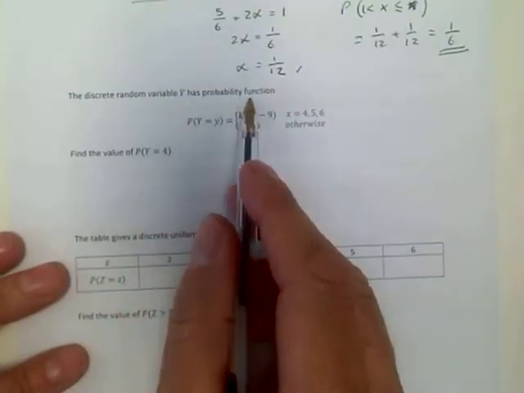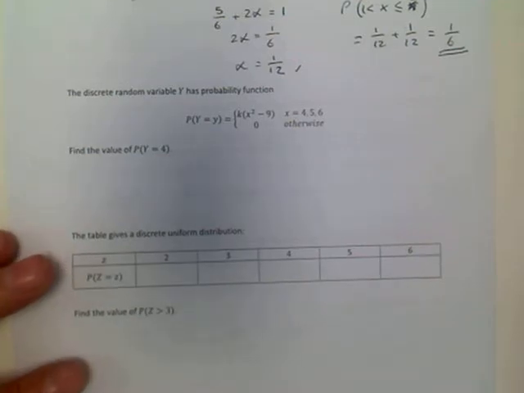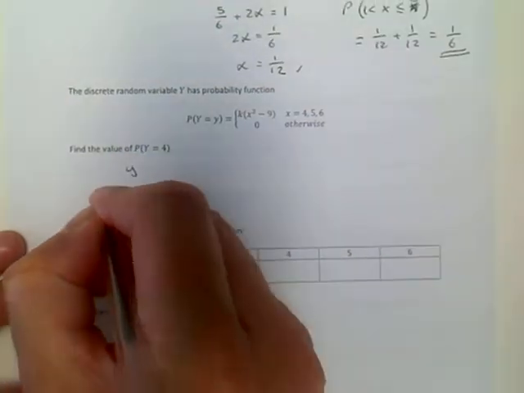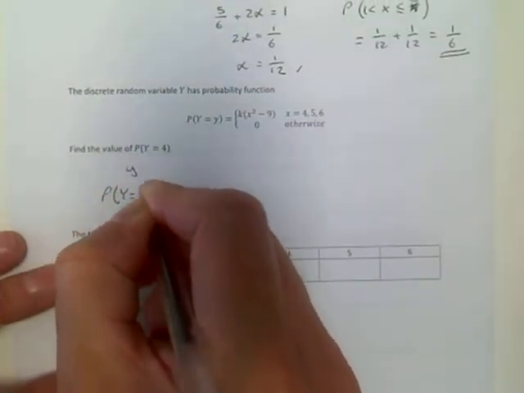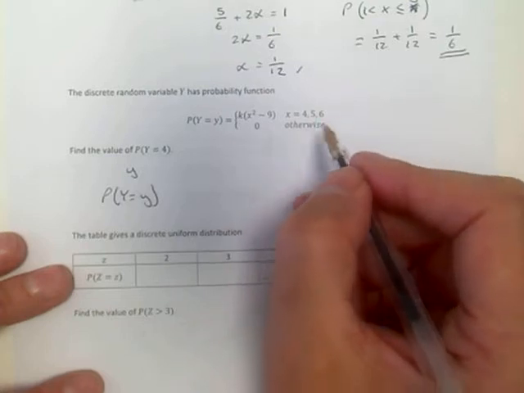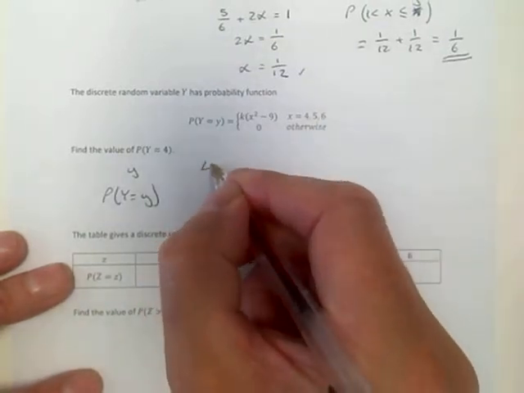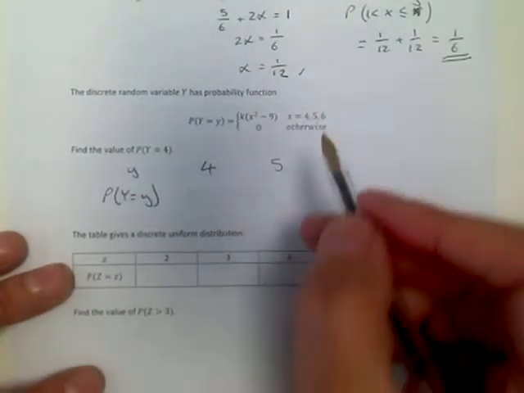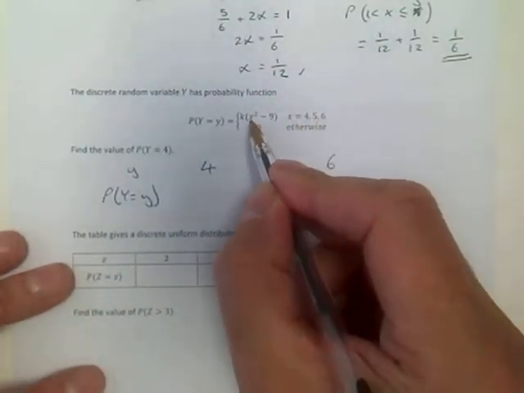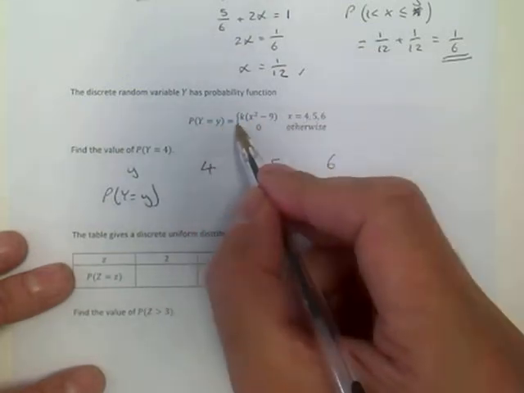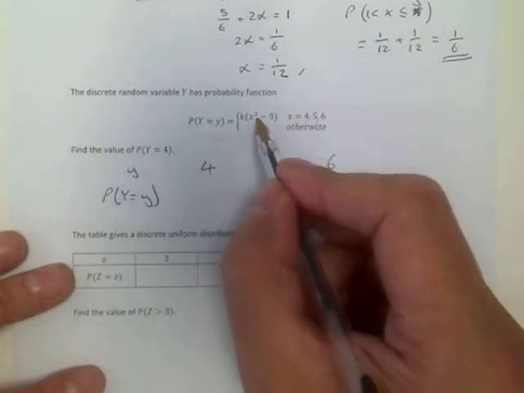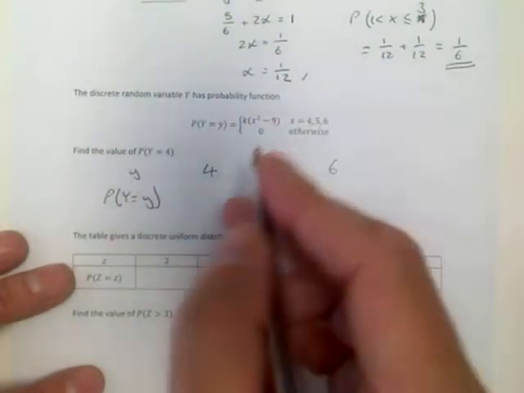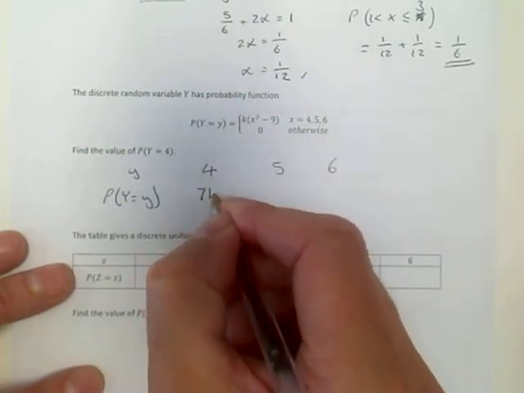Discrete random variable y has the probability function of this. I'm giving it in this notation now, so I'm going to write this out as a table. So this is telling me the only values that can happen here are 4, 5 and 6. So if I put 4 into here, the probability of y being equal to 4 is k times 4 squared minus 9. So 4 squared is 16 minus 9 is 7, so that's 7k.